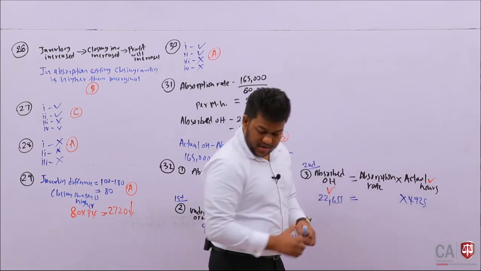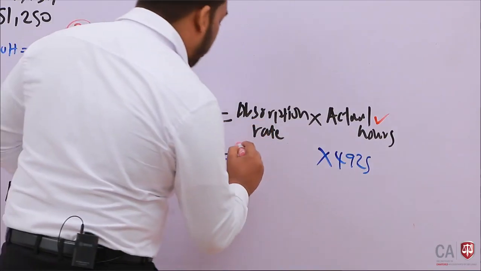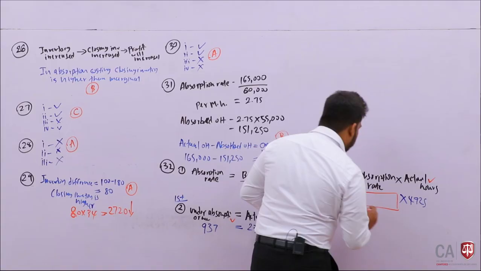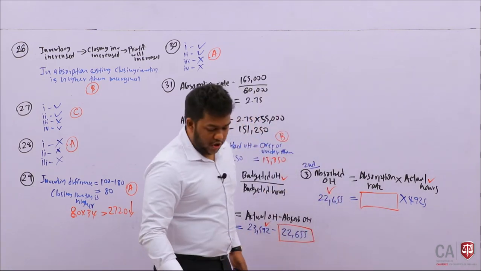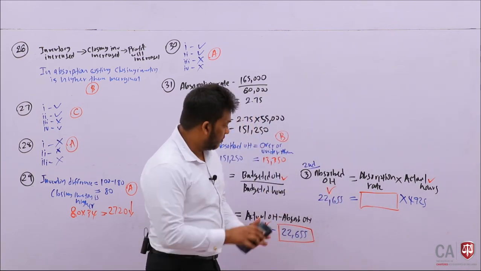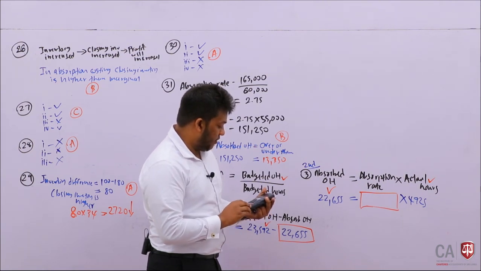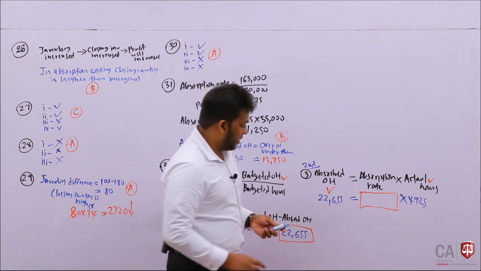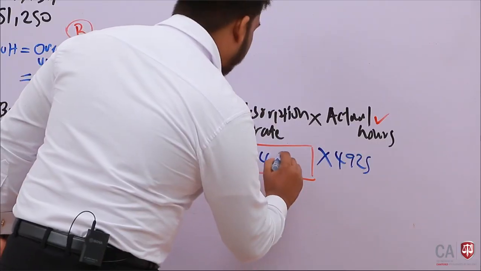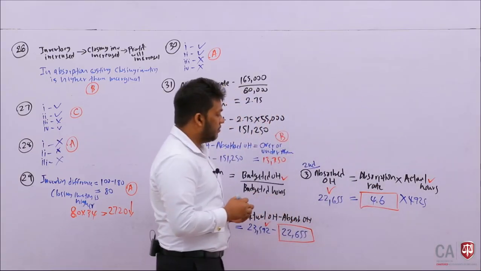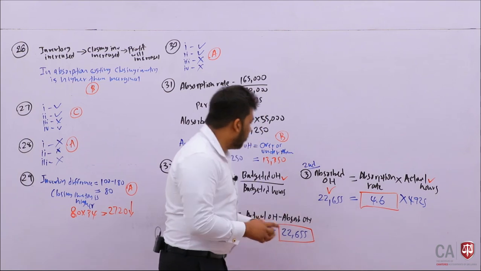So then you can find out the absorption rate. Absorption rate how much? 22,655 divided by 4,925. 4.6. So you know this now.